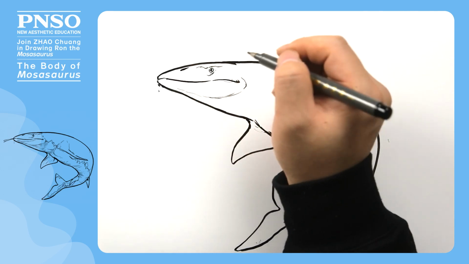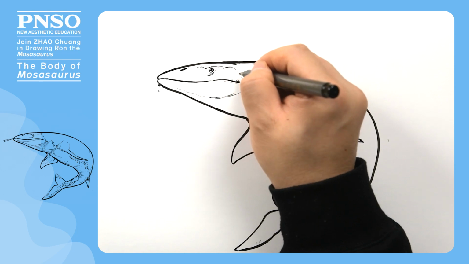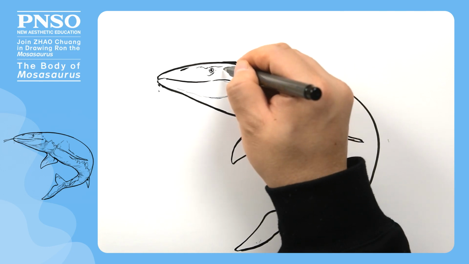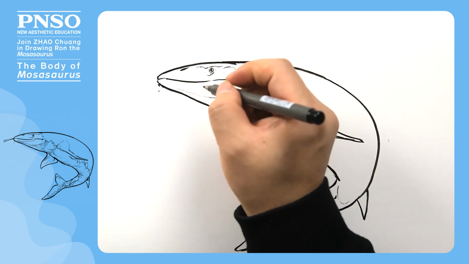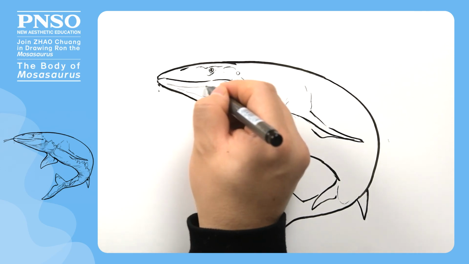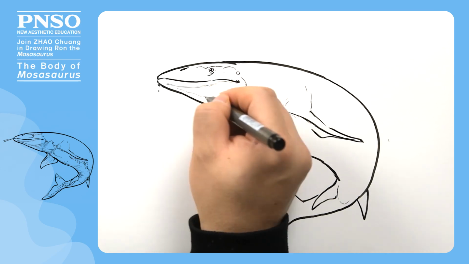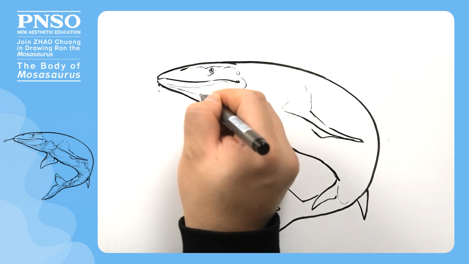Then its nostrils. Like the monitor lizards, we can draw the outline of its teeth area.